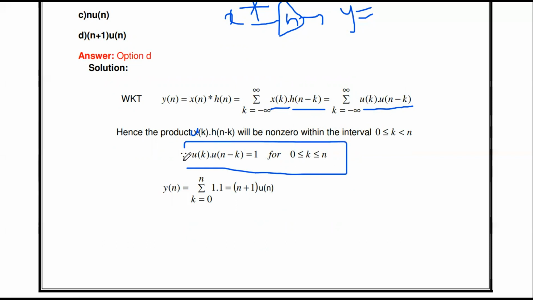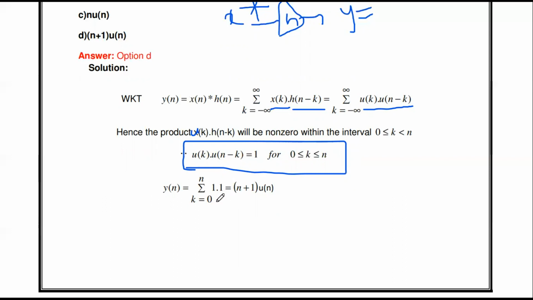In this convolution sum, this product is 1 for the k value from 0 to n. For the remaining k values, it is 0. So we have to reduce the summation to k equal to 0 to n, where this product is 1.